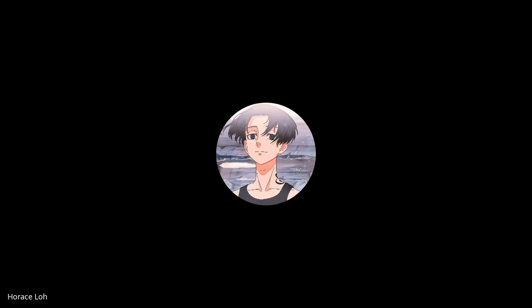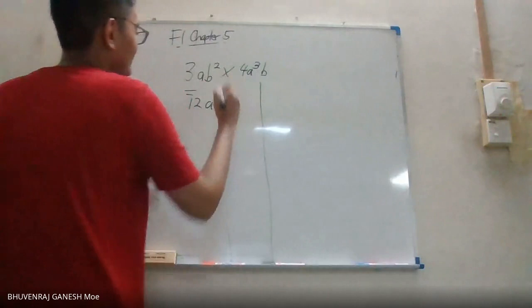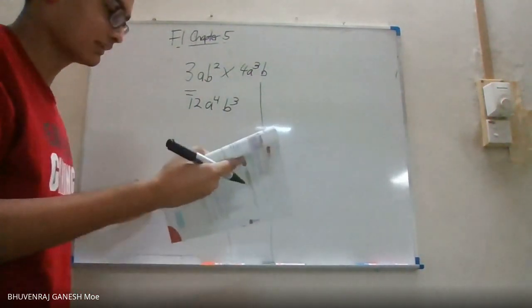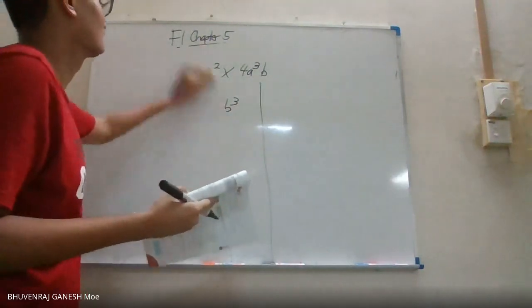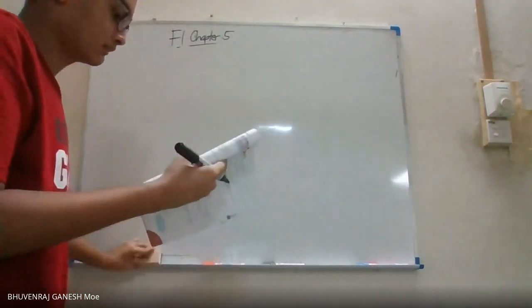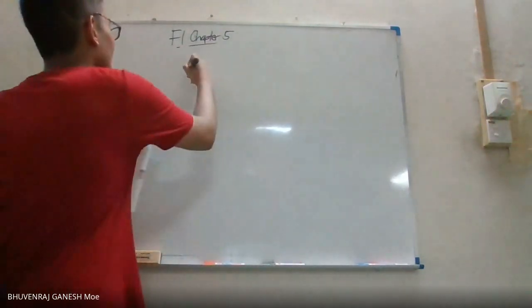So 12 is power 4, b cube. So you did the direct way. So I don't think the other way is useful. It shouldn't be useful for this because you don't need to show that. That's a deeper understanding only. So another one now.